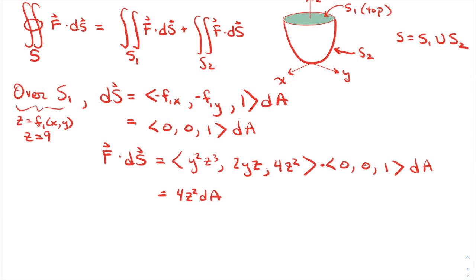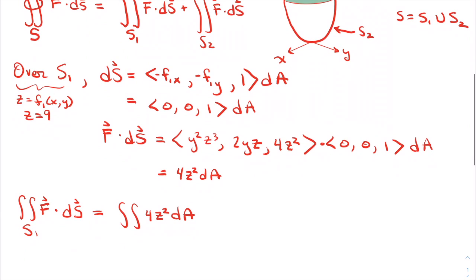So then let's do our double integral over S1 of F dot dS. This will be a double integral, and now we're going to have to think about what we're integrating over. We'll do that in a moment. But this will be 4z squared dA. Don't forget z is 9, so that's just going to be 4 times 9 squared.